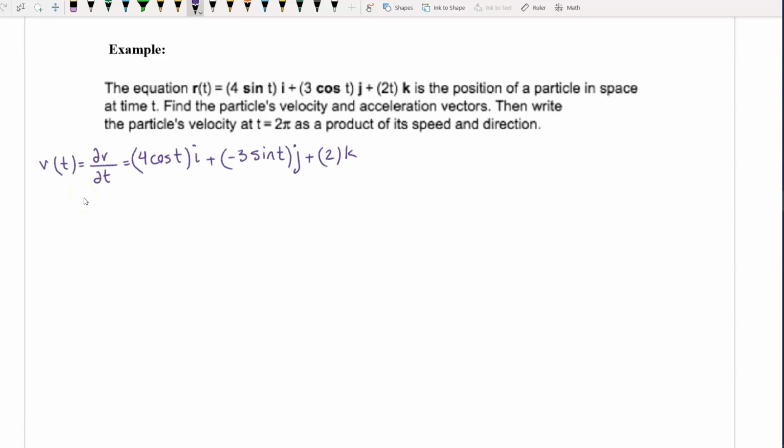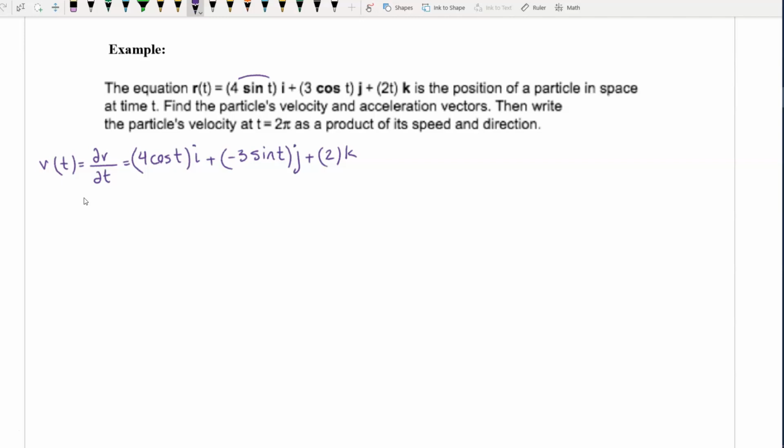Velocity is equal to the first derivative of this function, so dr over dt is equal to the derivative of this part. Here we have 4 times sine, so the derivative of sine is cosine t.